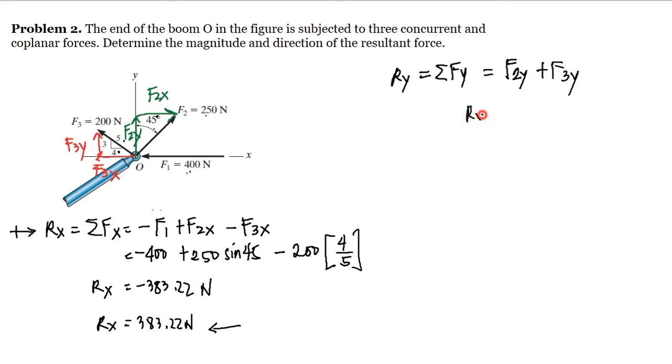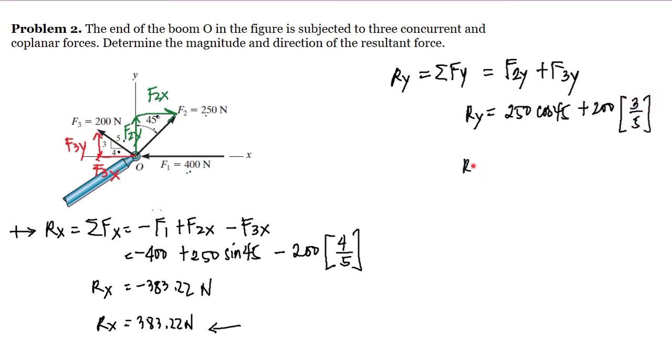So computing for the Ry, for the F2y, we have 250. The angle is 45, and F2y is adjacent to 45, so we have cosine 45. And F3y, we have plus F3, that is 200, and the vertical component is 3 over the diagonal 5.